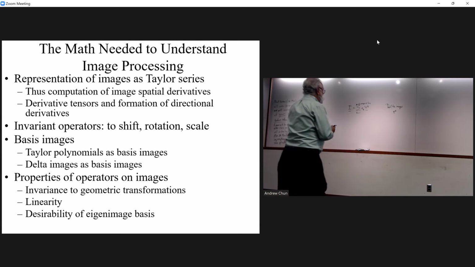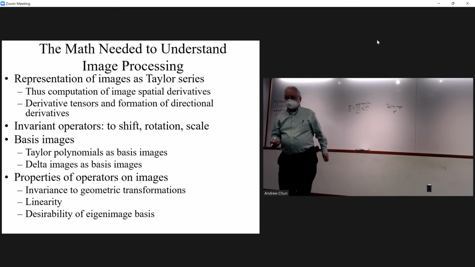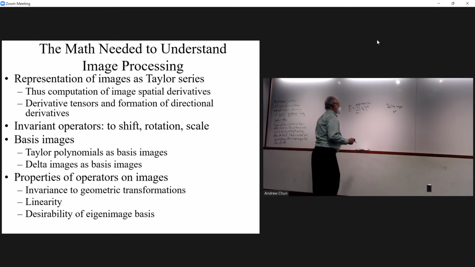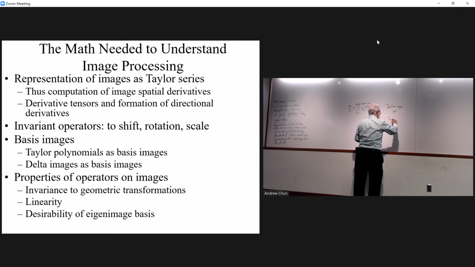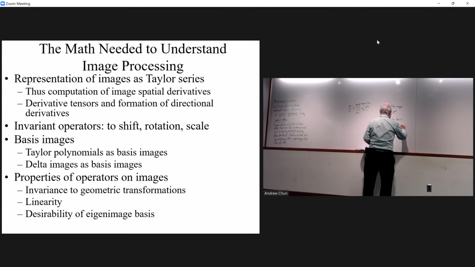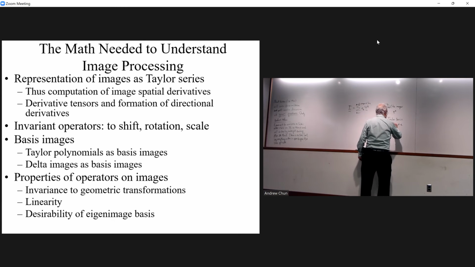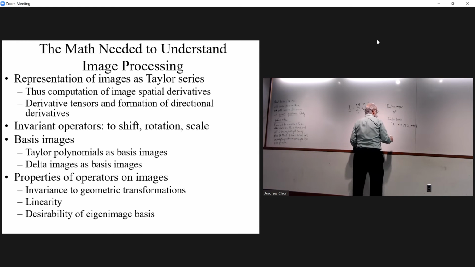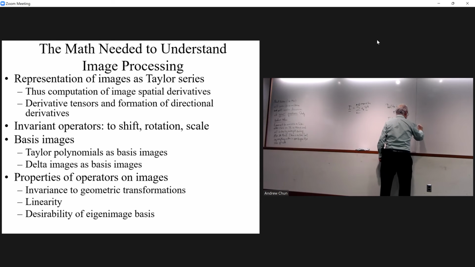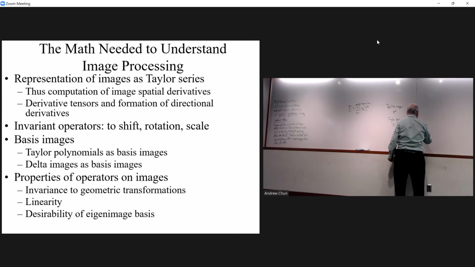Okay? And then we said, because we're familiar with images being expanded about a point, and in terms of derivatives, we learned about the Taylor basis, which has basis images which are 1 everywhere, x minus x0, y minus y0, in 3D z minus z0, and then x minus x0 squared over 2 factorial.